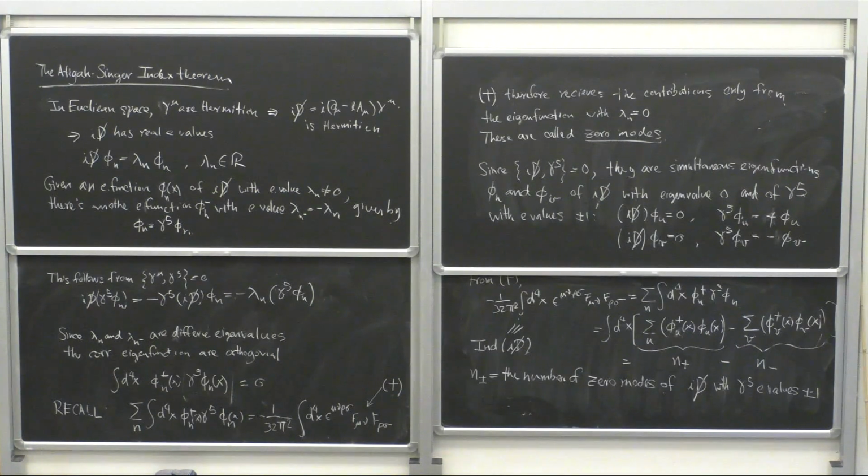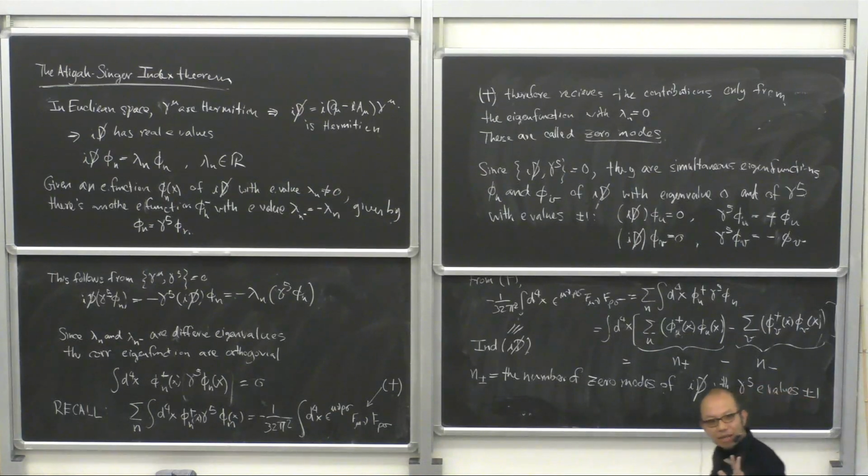Winding as an example. Take, for example, this on the three-sphere. You can have a non-trivial configuration of the gauge field. This is like an instanton. When you change the instanton number, of course, this will change by an integer. That's what I mean by topological.